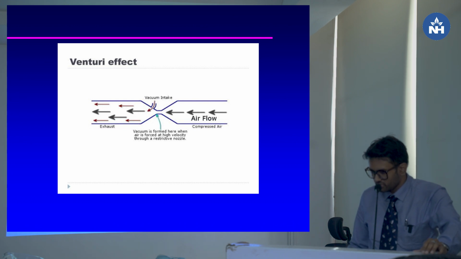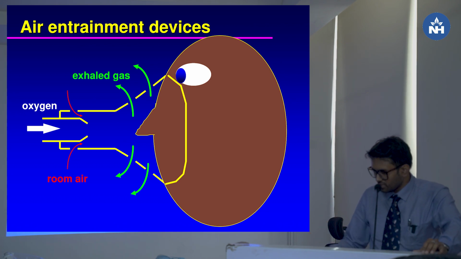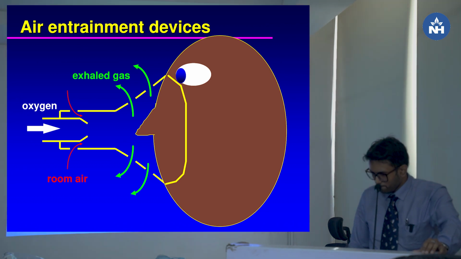So this is the Venturi effect, and with this effect the oxygen gets entrained, and suddenly there is the loss of pressure. Then the external air gets drawn in to fill up the vacuum. So this is the Venturi principle.